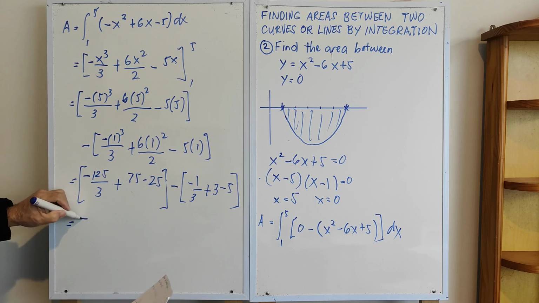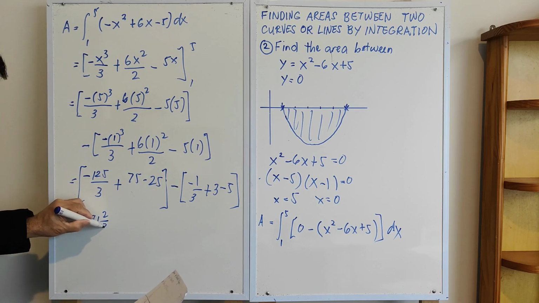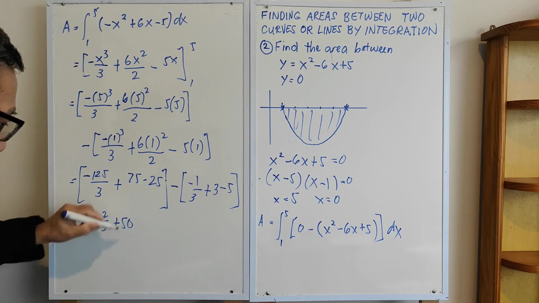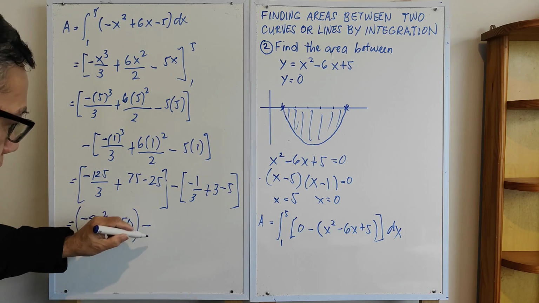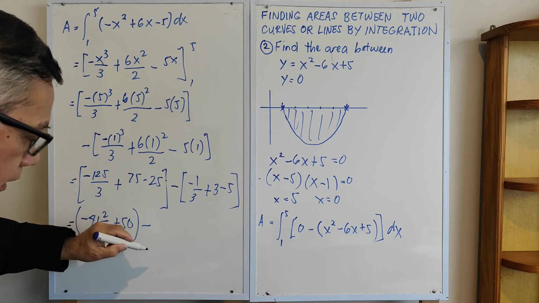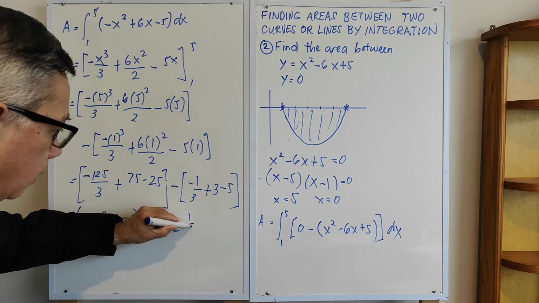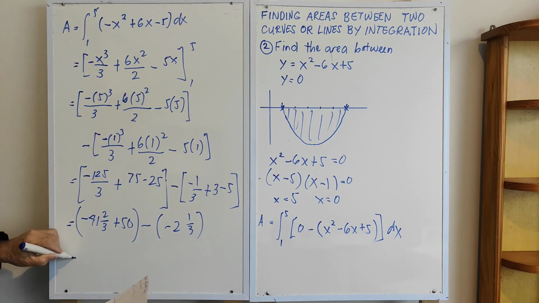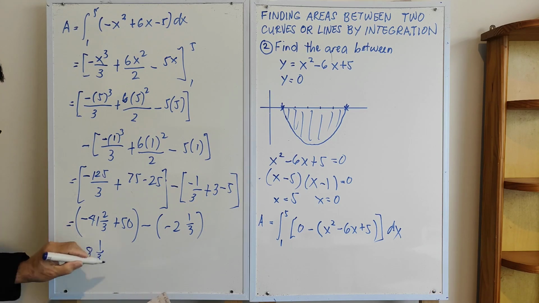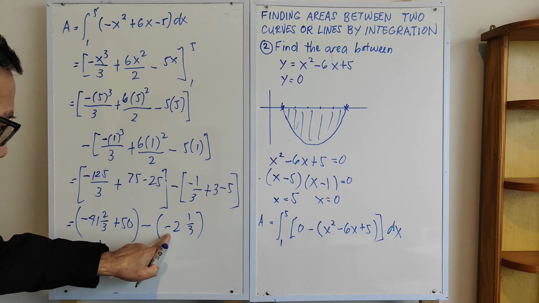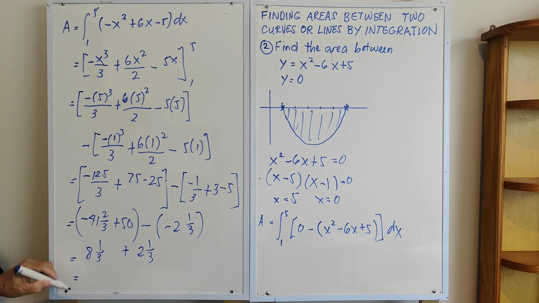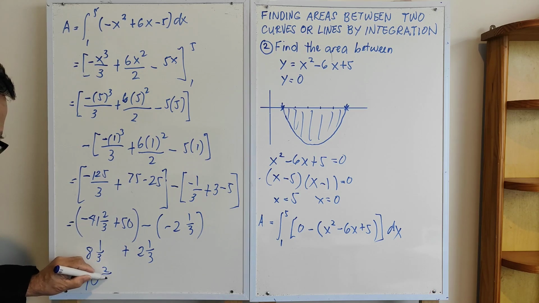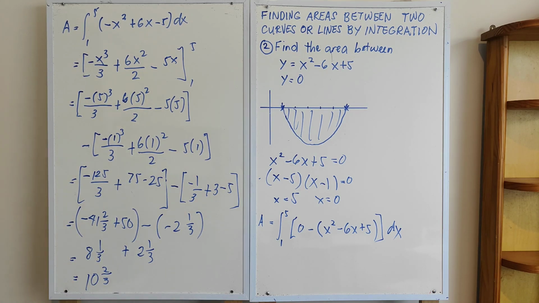So what we will have is negative 41 and 2/3 plus 50, minus, so all of this will become negative 2 and 1/3. So this is 8 and 1/3. Minus minus becomes positive 2 and 1/3. The area will be 10 and 2/3 square units.